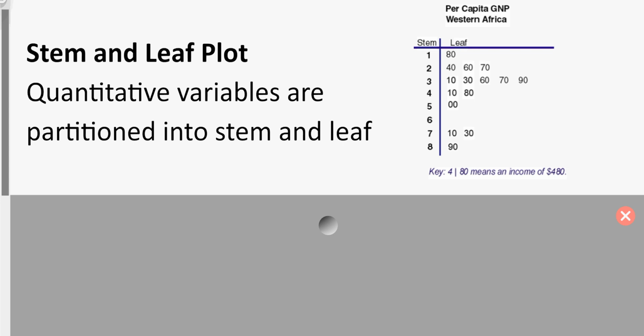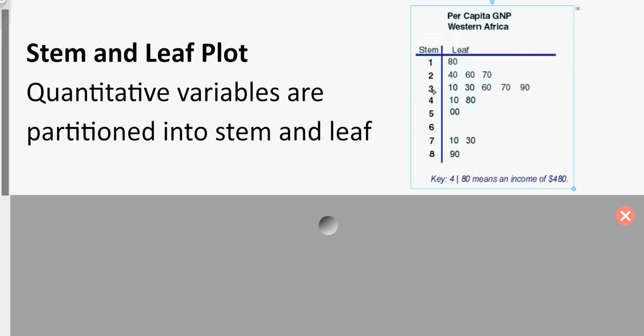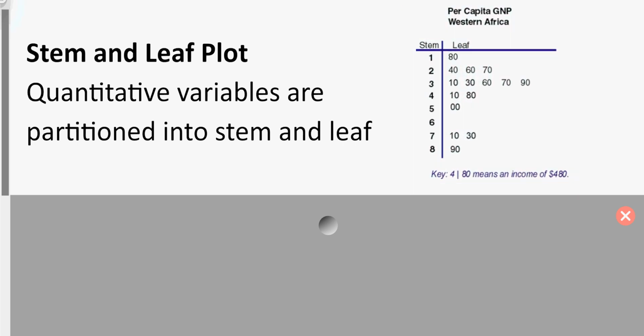If you look at the one to the right, it gives a little key where it says 4 and then the bar 80 means $480 of income. So you can put a whole bunch of things in here, which means right here, we've got 410 and we've got 480.